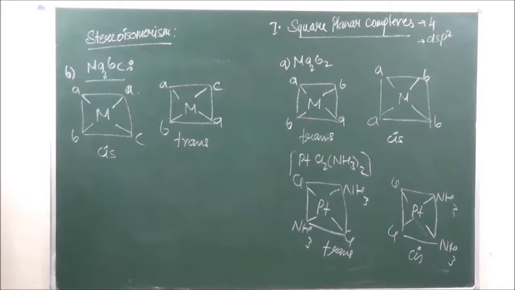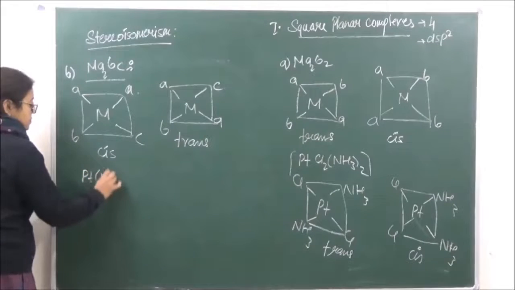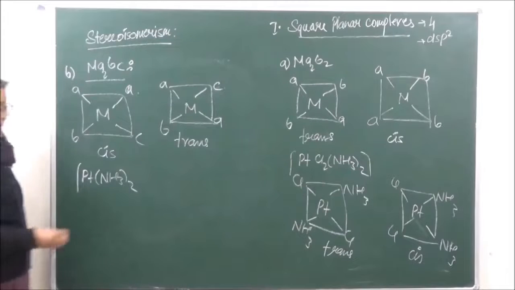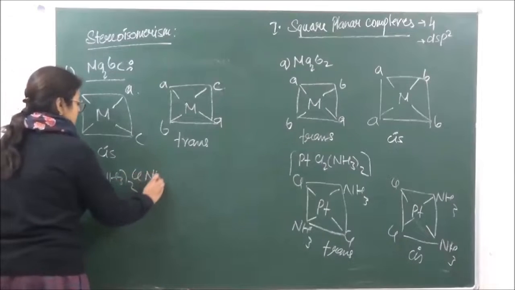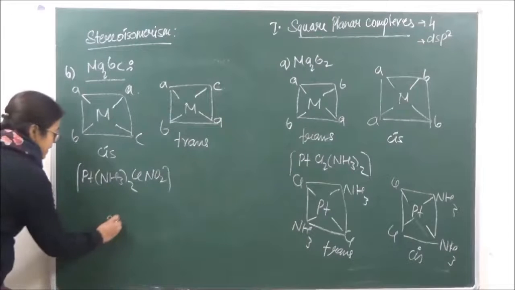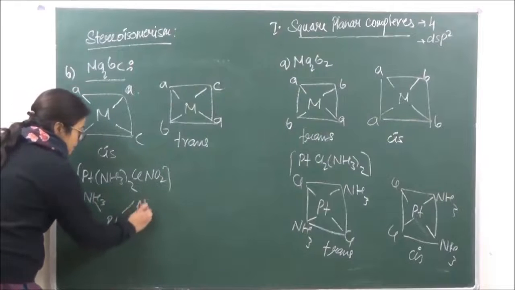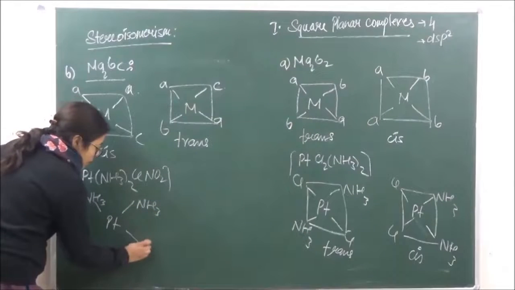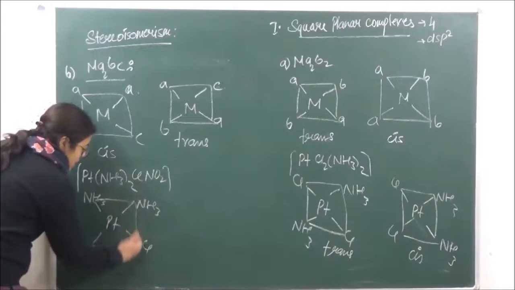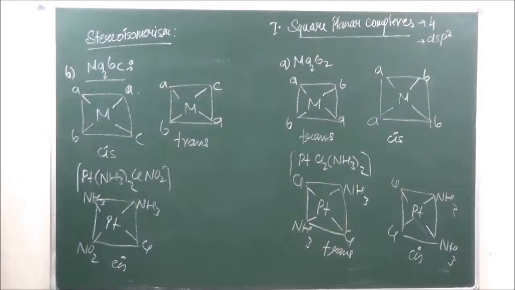An example which we can take over here is that of platinum (NH3)2 Cl NO2. So platinum is at the center. If both the ammonia are at adjacent positions, the isomer is known as cis.